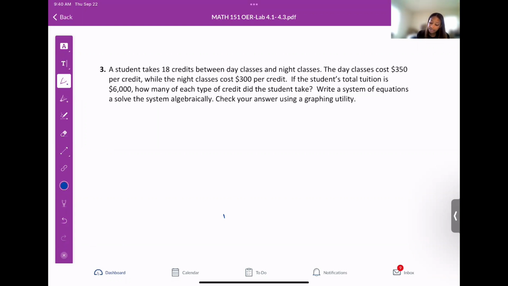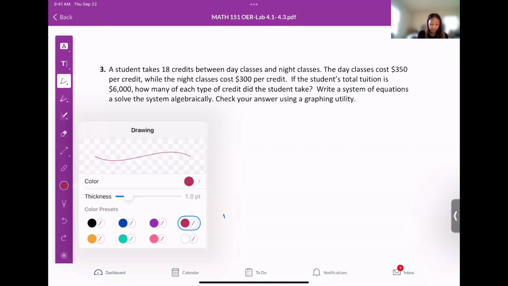The day classes cost $350 per credit, while the night classes cost $300 per credit, okay? The total of the student's tuition is $6,000. How many of each type of credit did the student take? Write the system of linear equations. Actually, I'm gonna change how I write this.